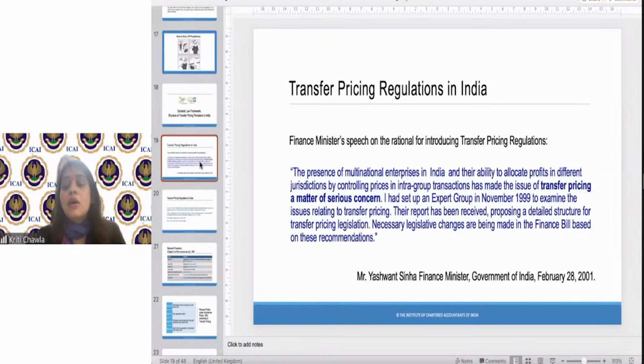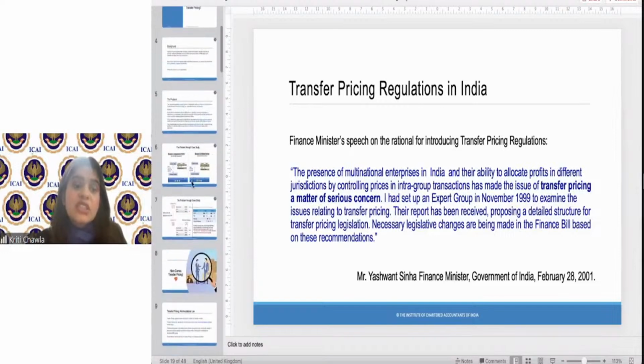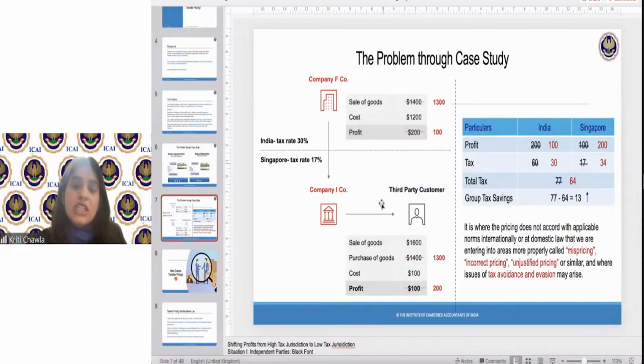There were a lot of tax avoidance strategies happening, where multinational groups were shifting profits from a high tax jurisdiction to a low tax jurisdiction, and they were not paying their fair share of taxes.